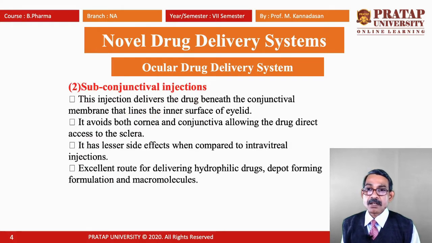Next, another alternate approach is subconjunctival injection. This injection delivers the drug beneath the conjunctival membrane that lines the inner surface of the eyelids. It avoids both the cornea and conjunctiva, allowing the drug direct access to the sclera. It has fewer side effects when compared to intravitreal injections.